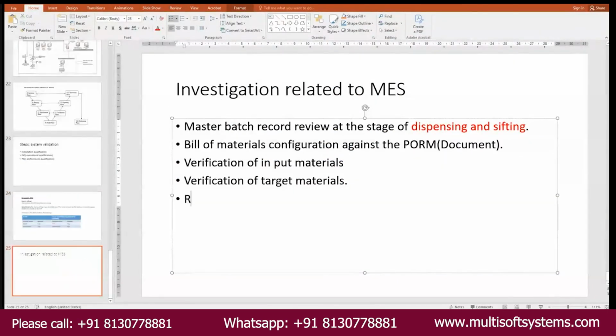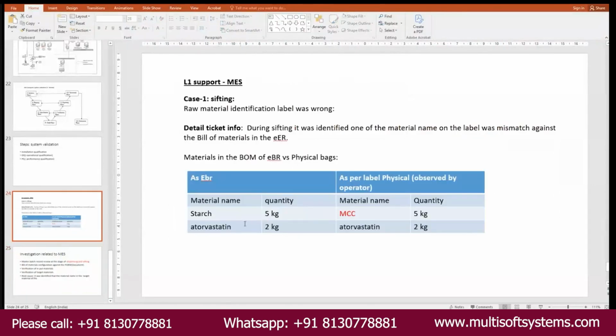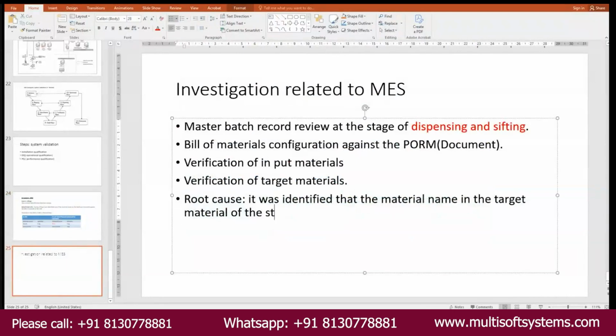The root cause was identified that the material name in the target materials of the starch was configured as MCC instead of starch.